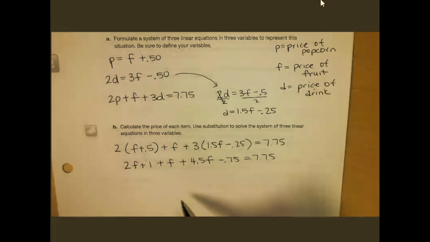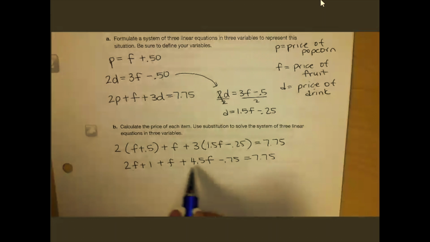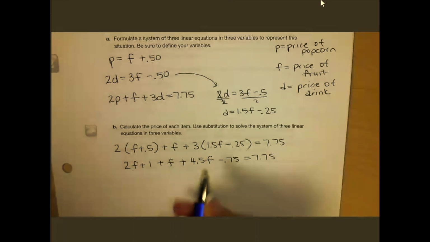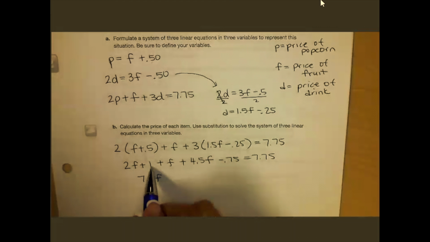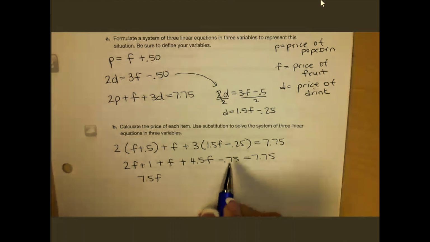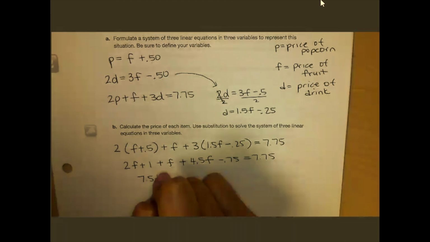Now we've got a lot of like terms there, so we need to put those together. 2F plus F plus 4.5F gives us a 7.5F. And then we've got a 1 and a negative 0.75, so that gives us 0.25.